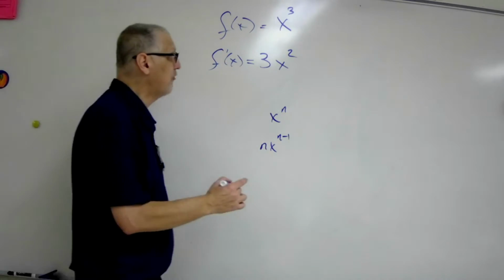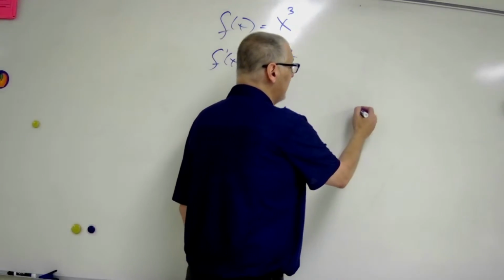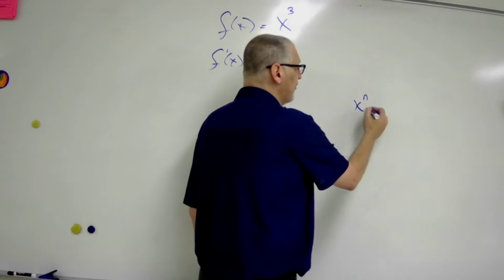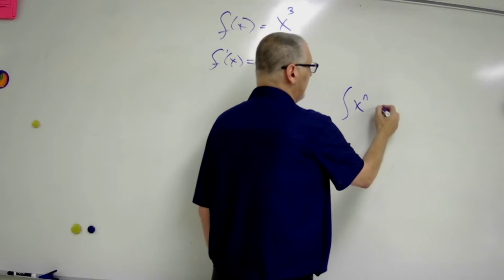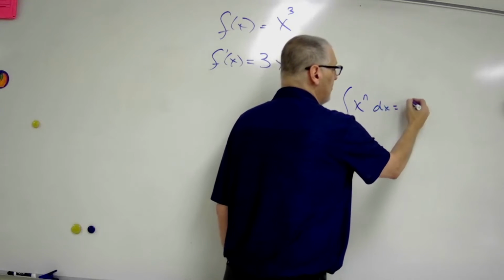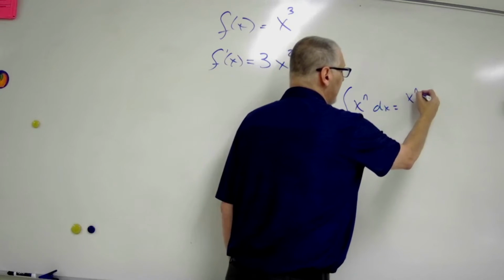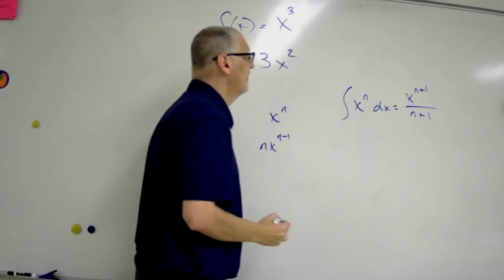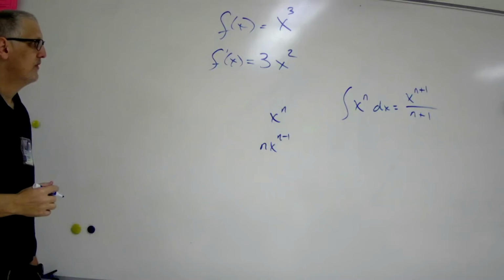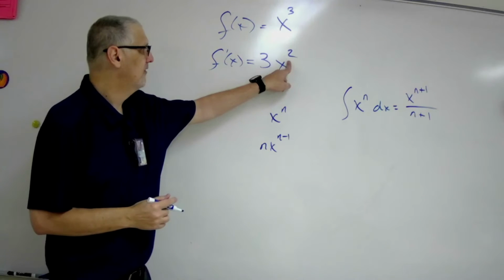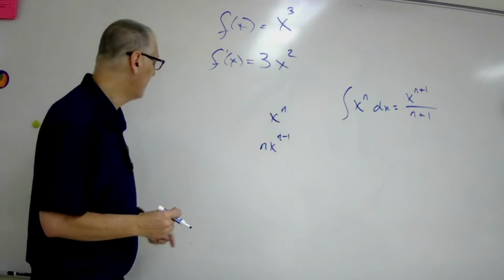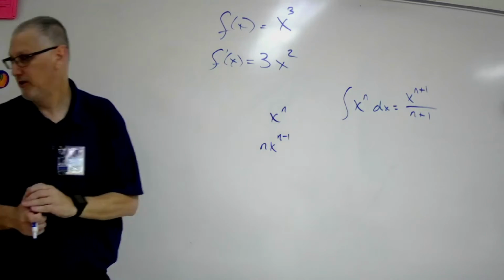So if we go backwards with this, I could do x to the n. If I take the integral of this, it's going to be x to the n plus 1 over n plus 1. Would that work here? 2 plus 1 is 3.